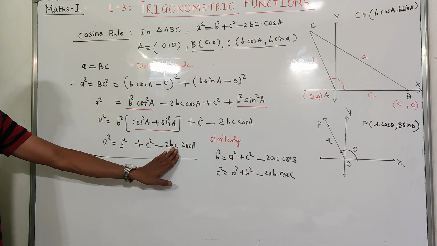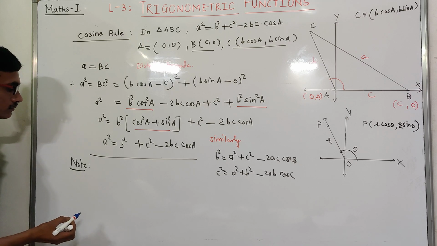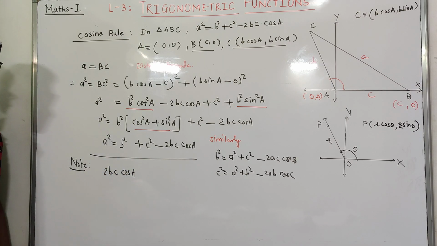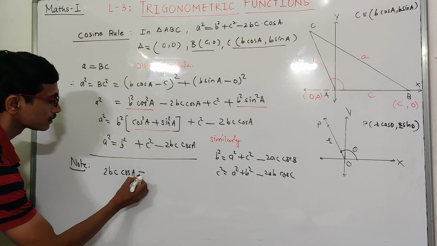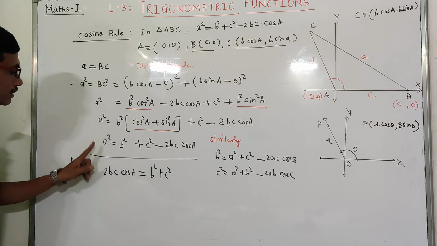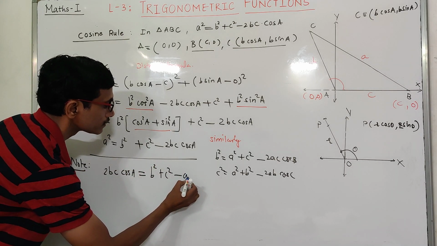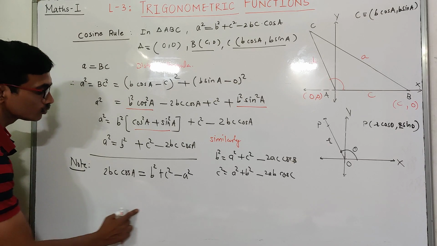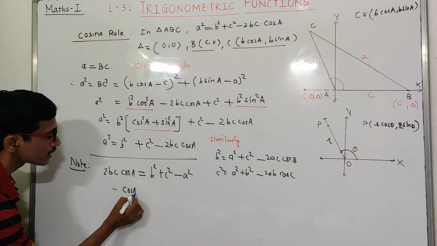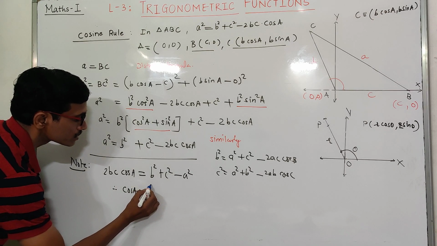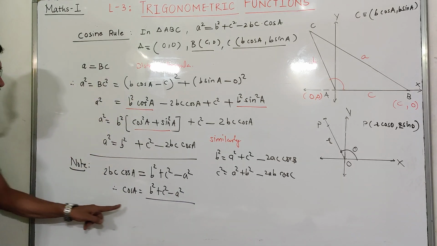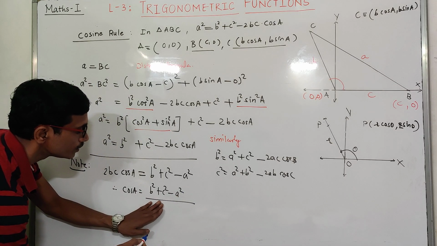If we take 2bc cos A on the left hand side, and b square plus c square and this a square on the right hand side, taking 2bc in the denominator, we can express cos A as b square plus c square minus a square upon 2bc.